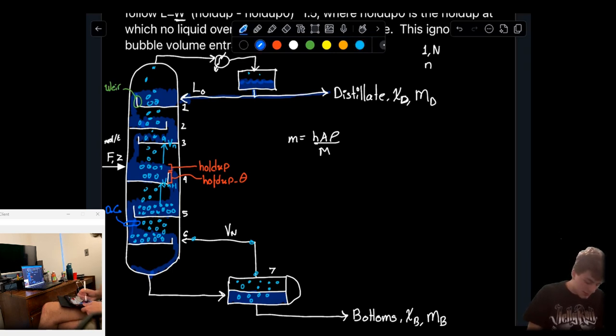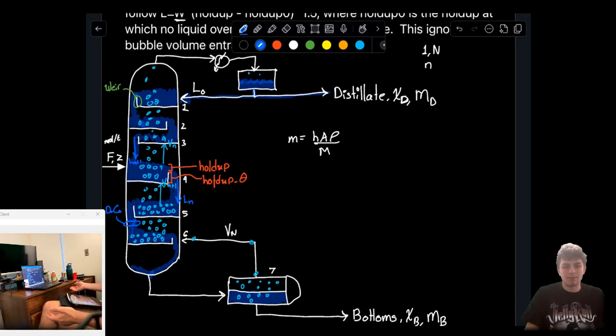So then, by the same convention, the liquid going down to the downcomer, in this case, would be Ln, and then the liquid coming from this downcomer onto the tray would be Ln plus 1. So it's important to denote those terms there, simply because, as we'll see in a second, I'm sure I will get mixed up in my words at some point.